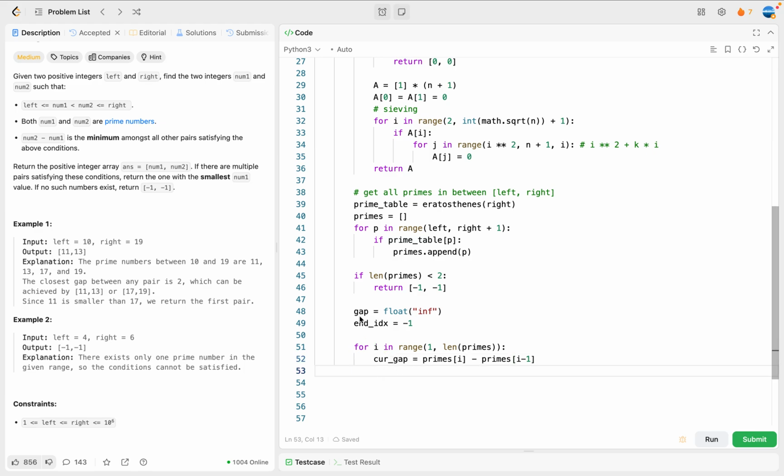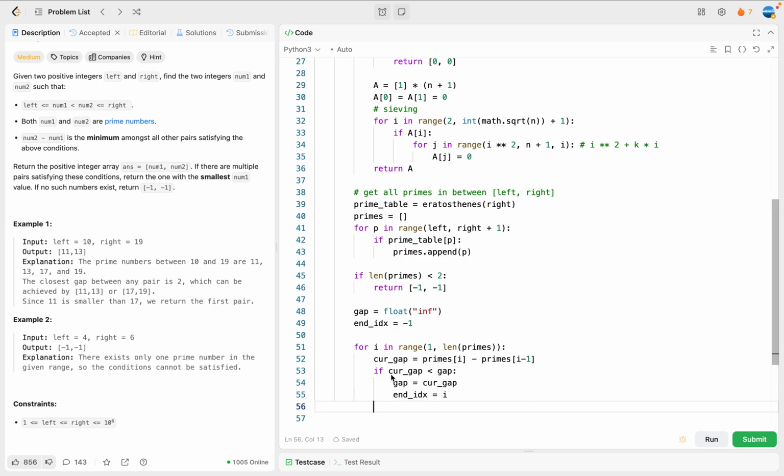So then you just need to compare if the current gap is smaller than the previous gap. So if current gap is strictly less than gap, we're going to set the gap to be the current gap, and then the end index would be current index i.